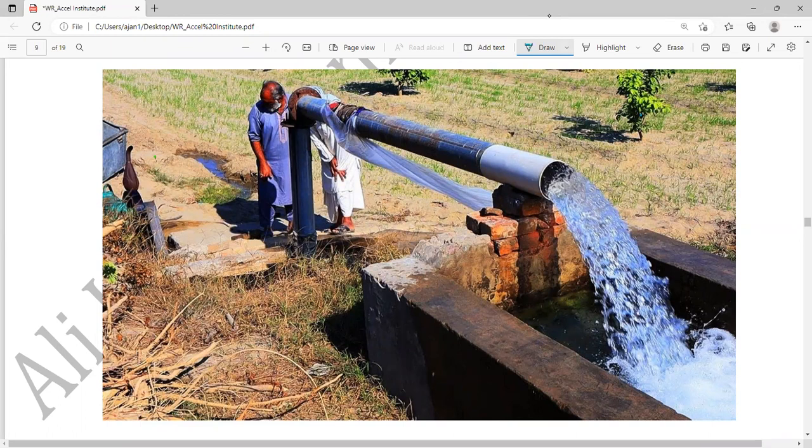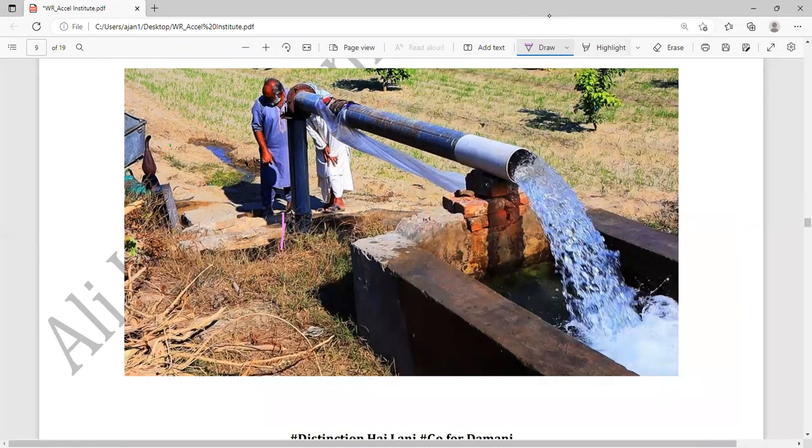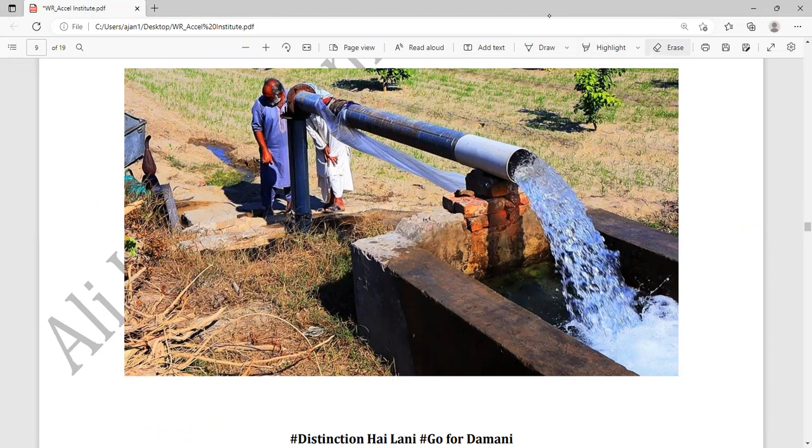What do you think? Sorry to interrupt, but your screen just turned black. Is it still visible? Is it not visible now? Yeah, it's black. No, it's visible to me. Just a second. It says you started screen sharing and it loads and then it just turns black.